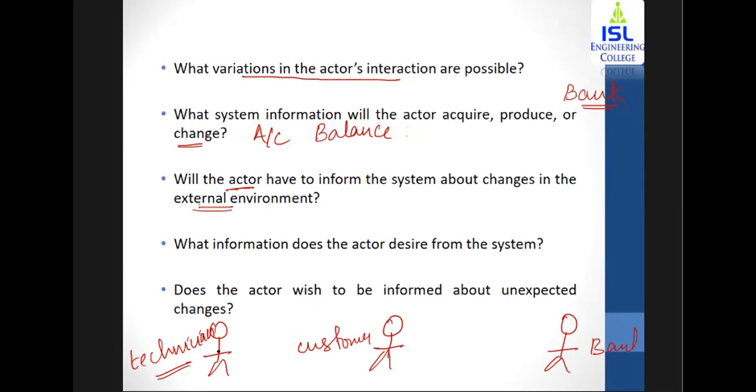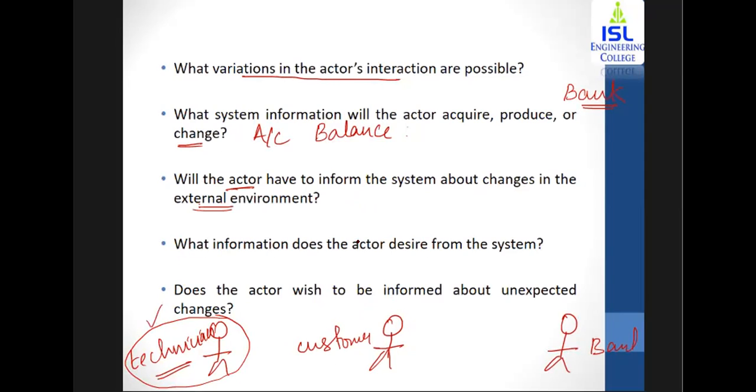So if there are any changes within the environment of the software, whether that is the task of the customer or the job of the actor, that needs to be identified. That is the job of the technician here. So the actor needs to inform the system about changes within the external environment, and the factors affecting it need to be updated by the technician.